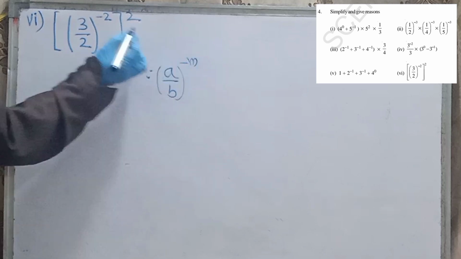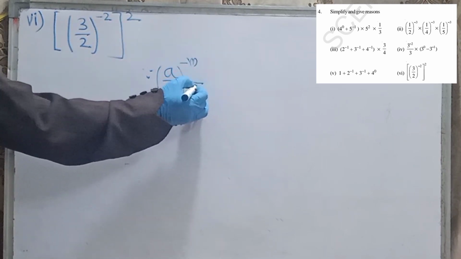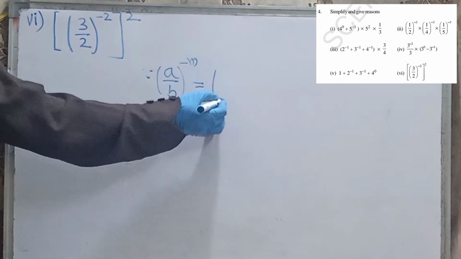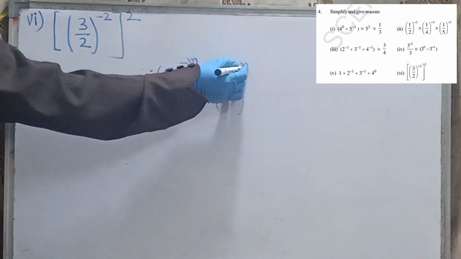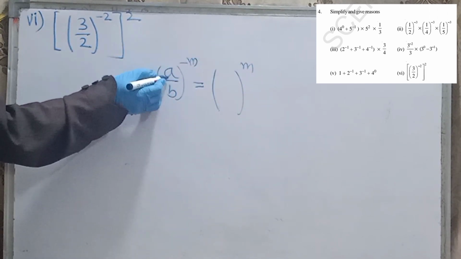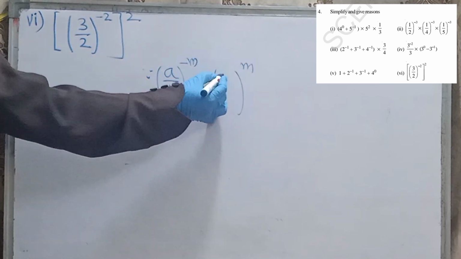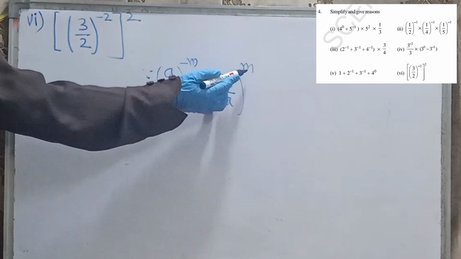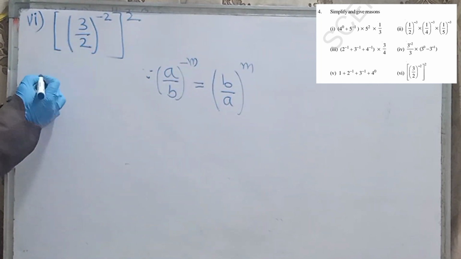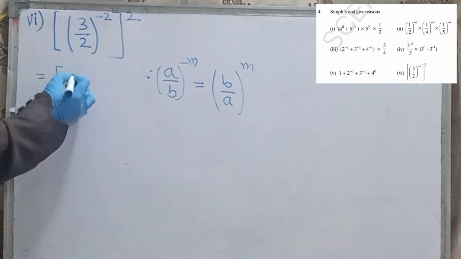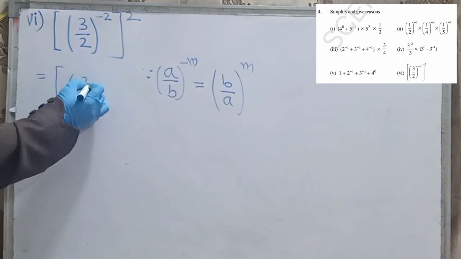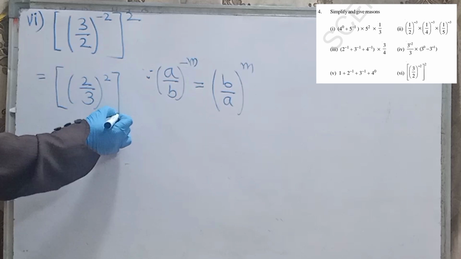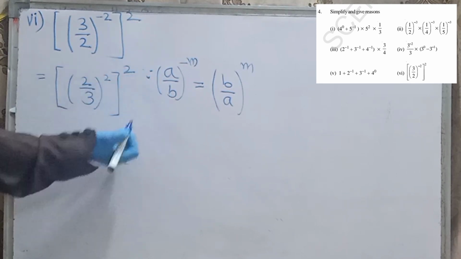Since the negative sign is there, we use the negative sign formula here. If it is minus m, we can change it to plus m by just reversing this. a by b is there, so we will write b by a. So this negative sign will change to positive sign. 3 by 2 will be written as 2 by 3 whole power 2. Then again whole power 2.